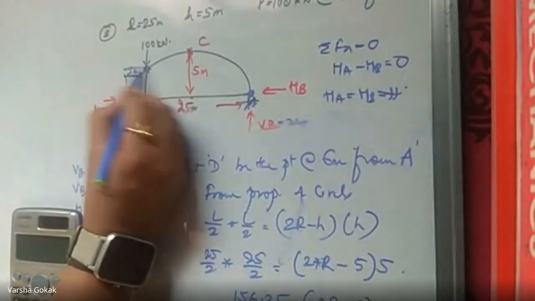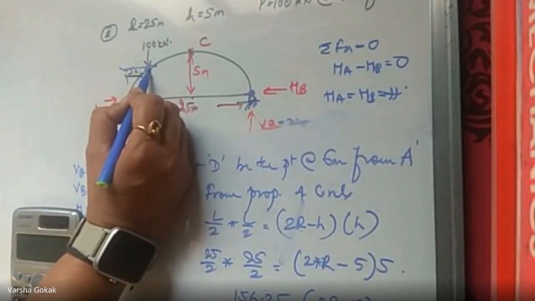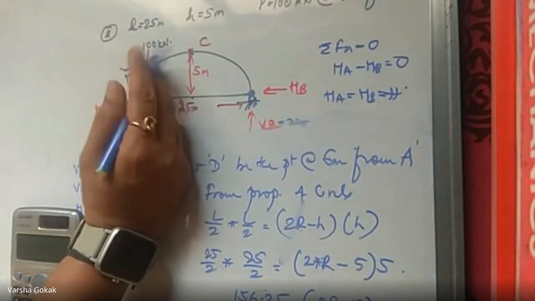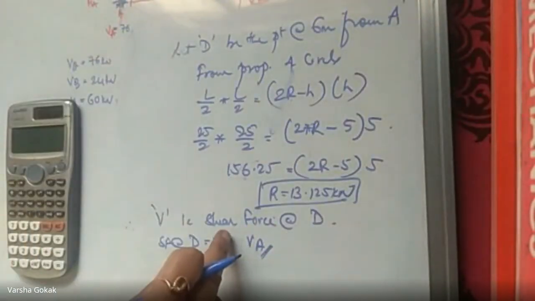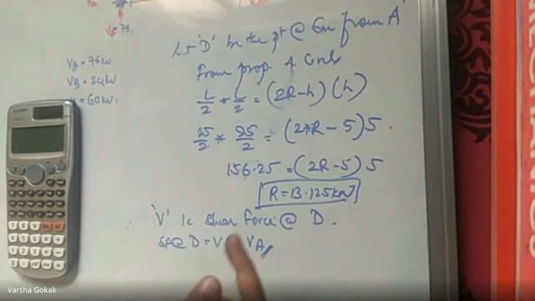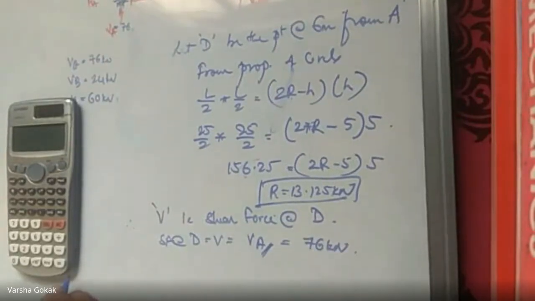See, at this point I want to calculate the shear force, so this load will not be considered. It is equal to VA only. In the previous case there was UDL, so I deducted the UDL. Here I cannot deduct because there is 100 kilonewton coming there directly. So VA is 76 kilonewtons, right?